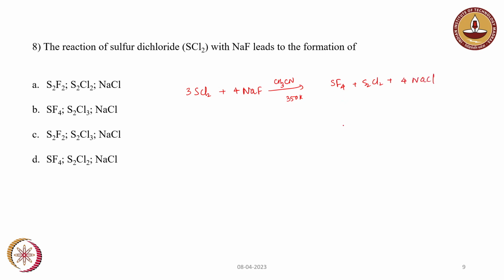So here SF4 structure is S, will be having one lone pair, then fluorine. So it will be having seesaw structure with sp3d hybridization.